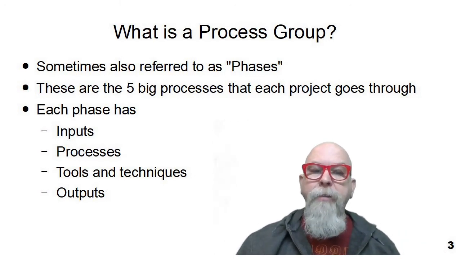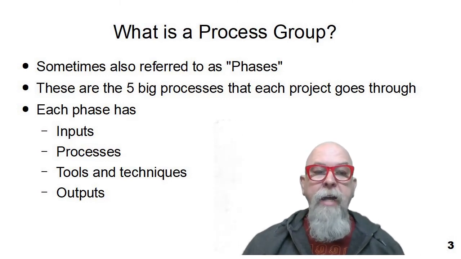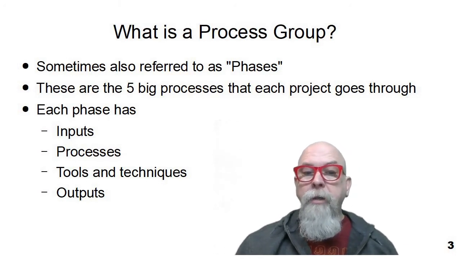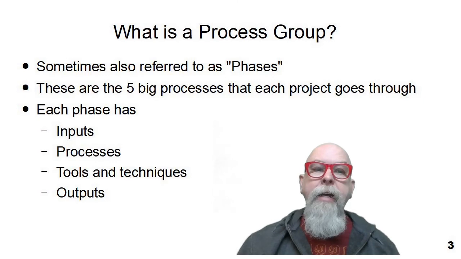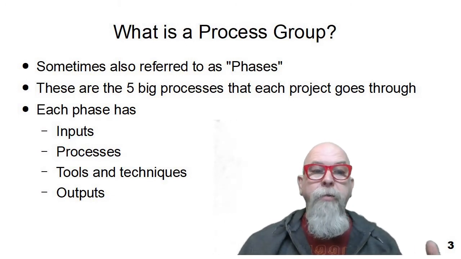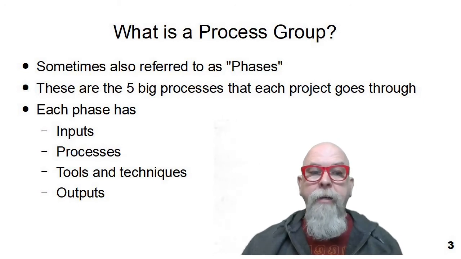The phase has processes that are done during the phase. Certain phases have certain tools and techniques, and other phases use other tools and techniques. And finally, each process group will have specific outputs that feed into the next process group as we go through managing a project using this 5 process layout.